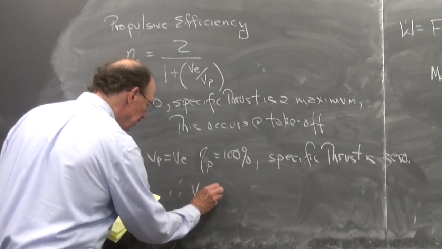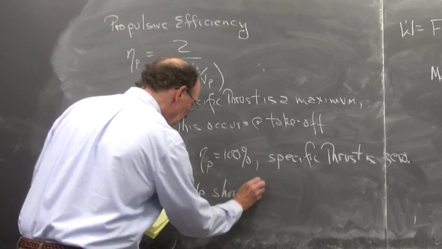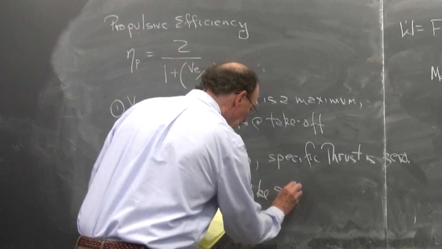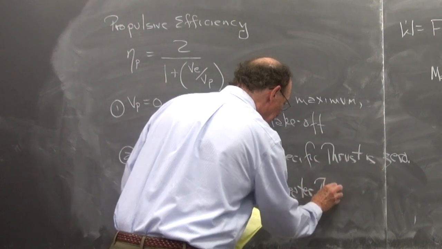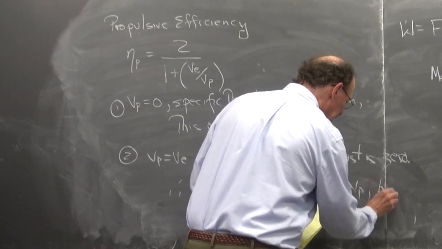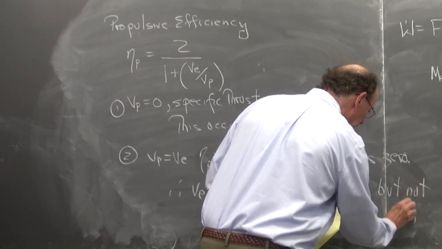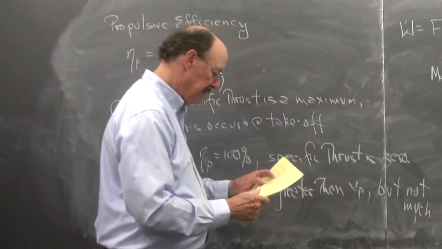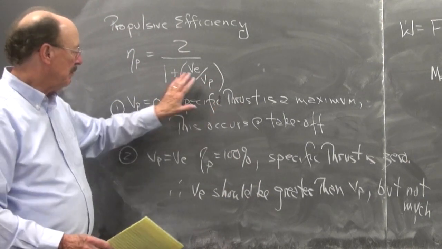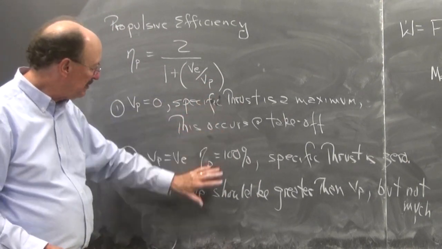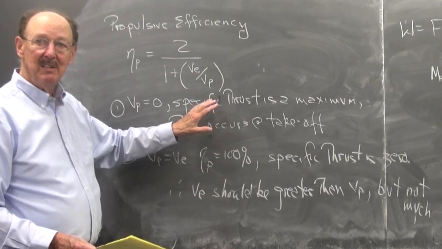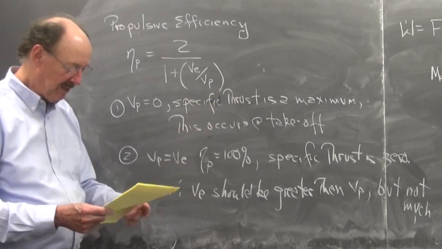Therefore v sub e should be greater than v sub p, but not much. This particular aspect about the thrust makes a lot of sense. This one we can understand with the equations, but this one makes sense because we've experienced it when we've flown, so we have a sense of that.